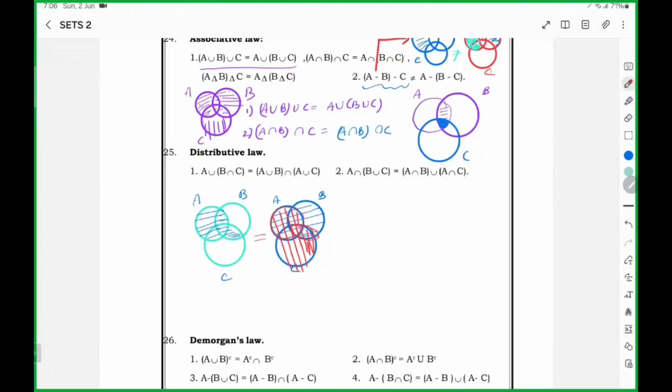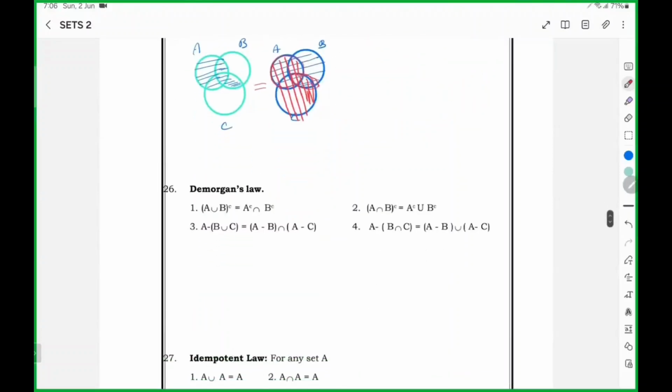Similarly, with respect to intersection, right? So De Morgan's law is a very useful law from the future point of view, for higher studies. Here it is A. This is the universal set.